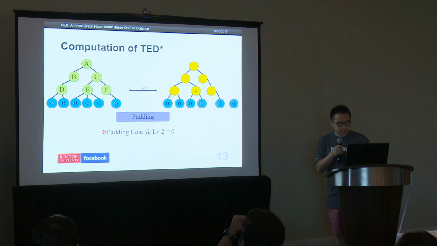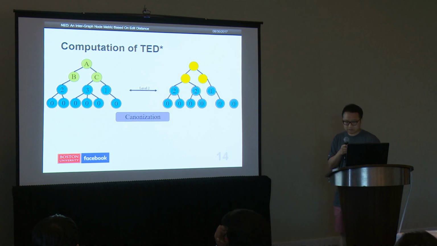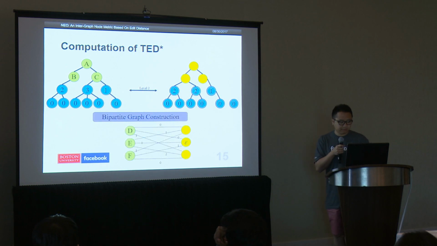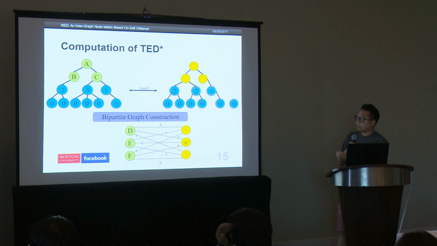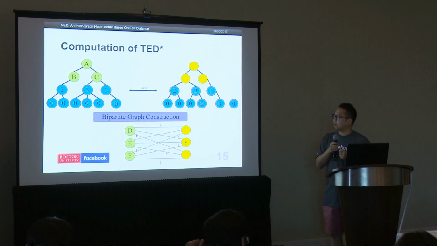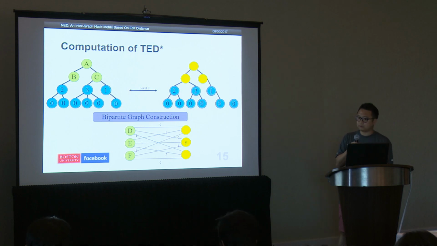So we still do the padding and do the canonization based on the subtrees. And then we construct the bipartite graph. The bipartite graph is a complete bipartite graph, and the weight between two nodes, a node in the left tree and a node in the right tree, is exactly the edit distance to change from one node to the other.